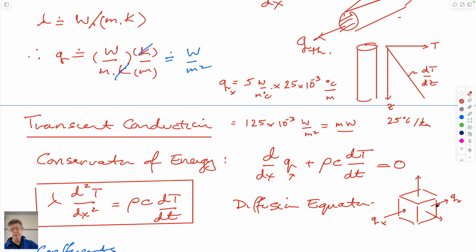If it's going through the system, it could come out through here, but it could also come out in the y direction or in the z direction.